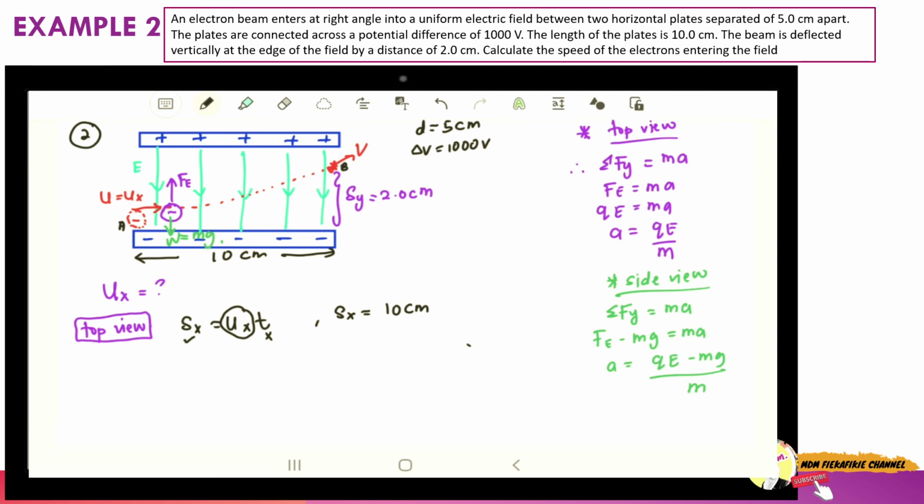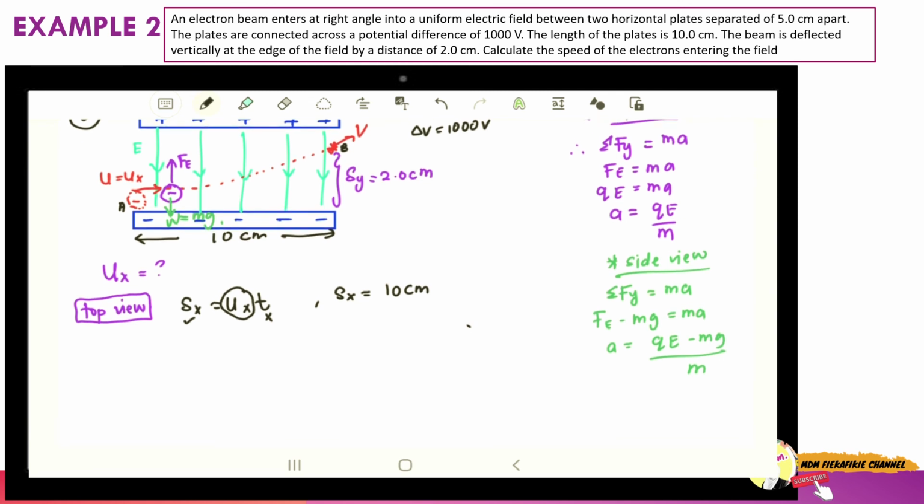Since the question gives us the value of Sy, where Sy is equal to 2 cm, I want to use this equation where Sy is equal to Uyt plus half At squared. And Uy is equal to 0 since the electron is projected horizontally when it enters the electric field.